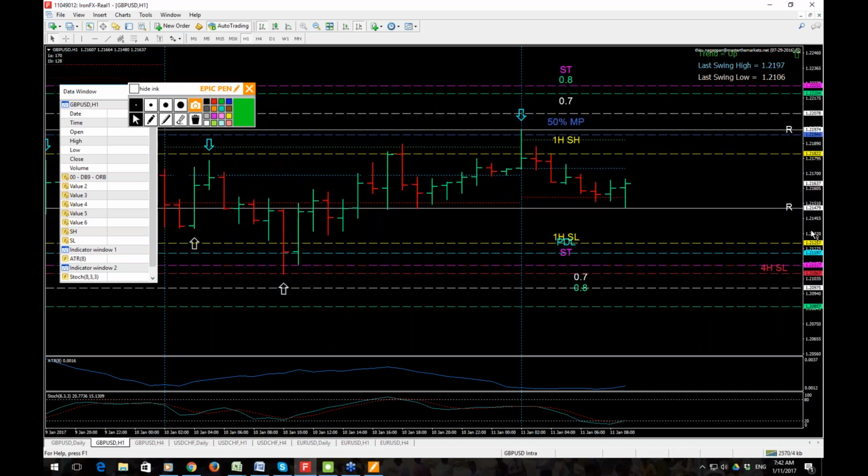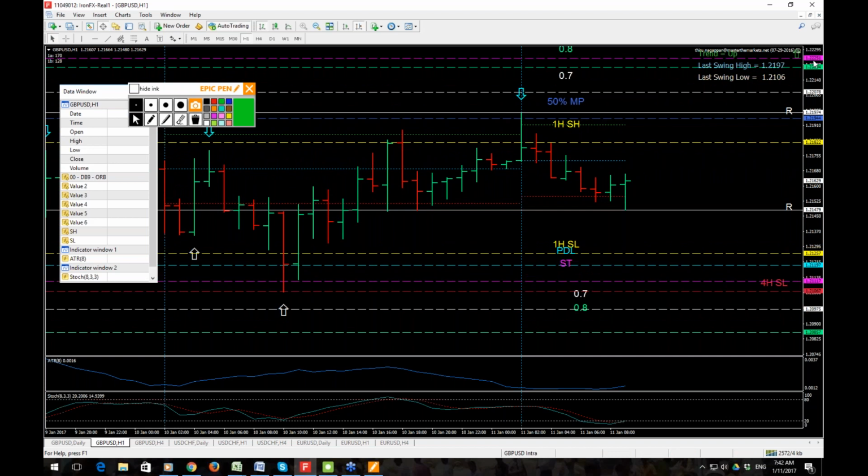Now the next one we're going to do is 2197 and 2106. As you can see, the 1 hour swing high levels are 2197 and 2106. The 2197 would be around here, which is near to the range point as well.